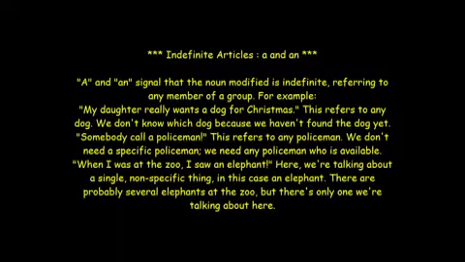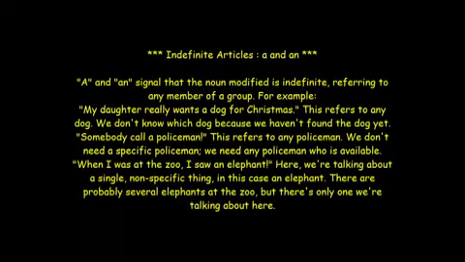This refers to any dog. We don't know which dog because we haven't found the dog yet. Somebody call a policeman. This refers to any policeman. We don't need a specific policeman. We need any policeman who is available.